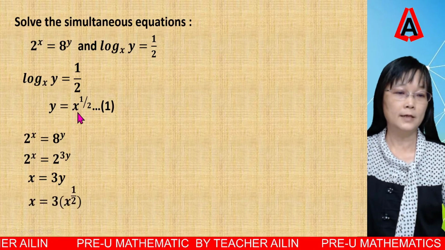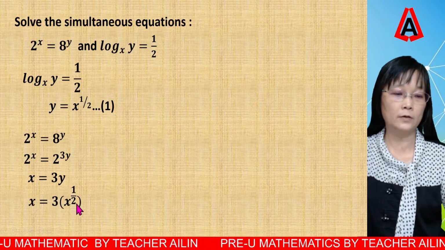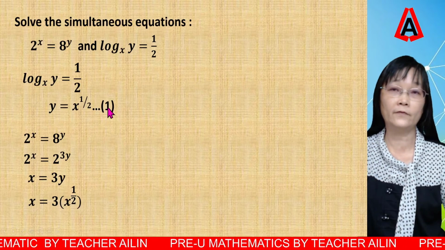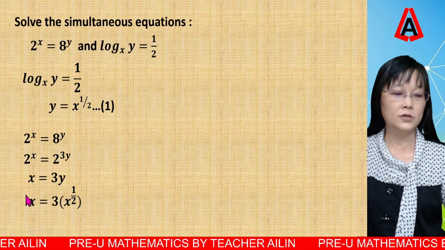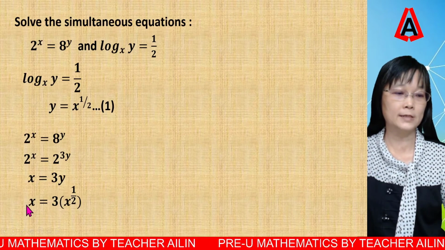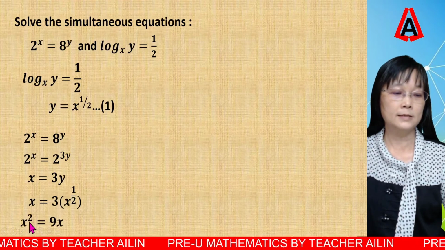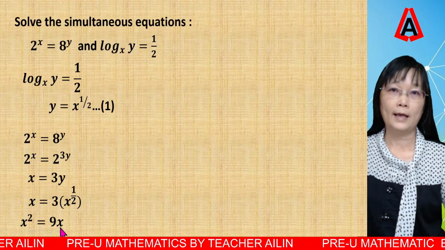Then only I substitute y with x power 1 over 2 from the first equation just now. To solve this equation, I'm going to square both sides so that x power 2 is equal to 9x.